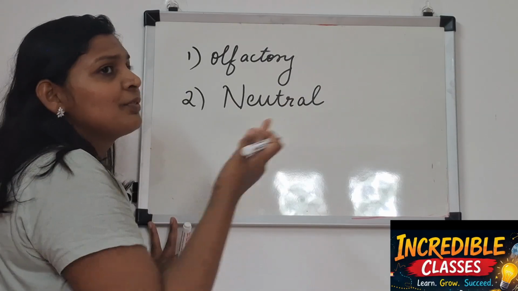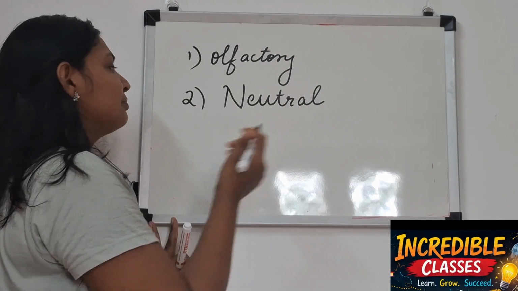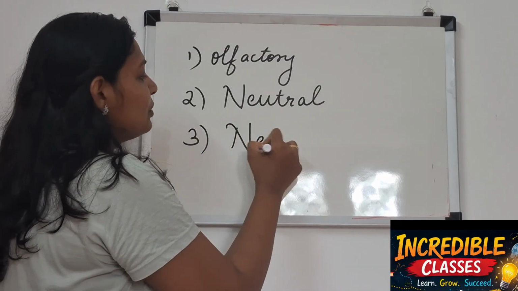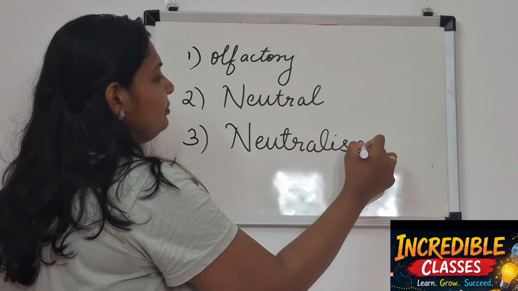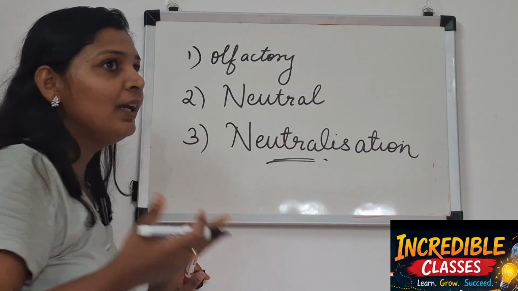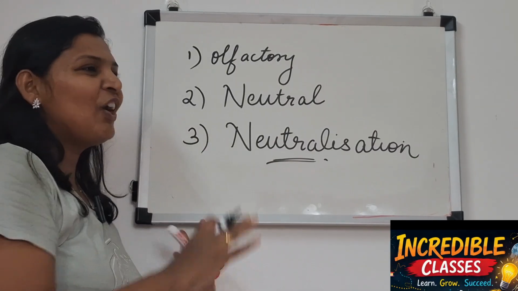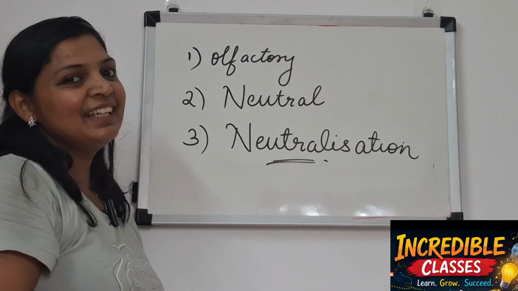Why do we need neutral substances? These things we will understand. Then we will understand the importance of neutralization. Neutralization again very important. Why is it important to learn? Basically we are going to study these 3 things in detail.